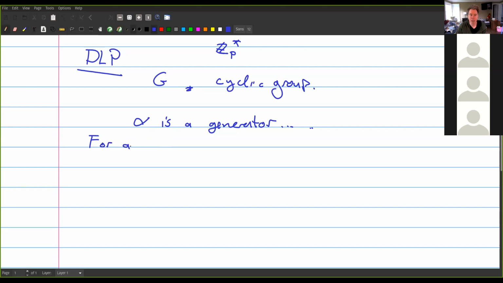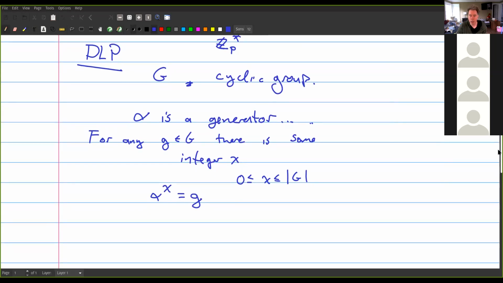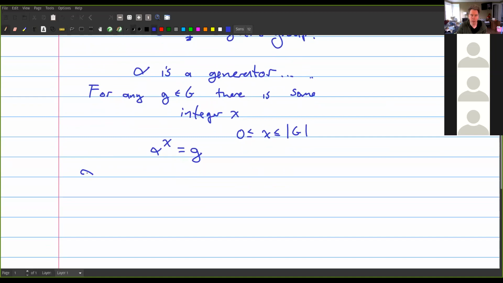It means for any g in G, there is some integer x, and x is just something between 0 and the cardinality of the group, so that alpha to the x is equal to g. So it generates all the numbers in that group. Yeah, exactly. So if you just look at the powers of alpha, it generates the entire group.